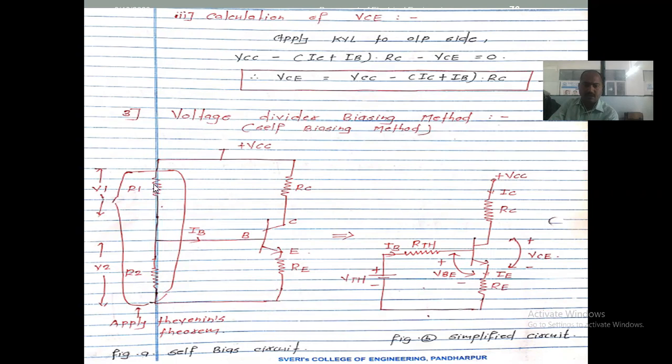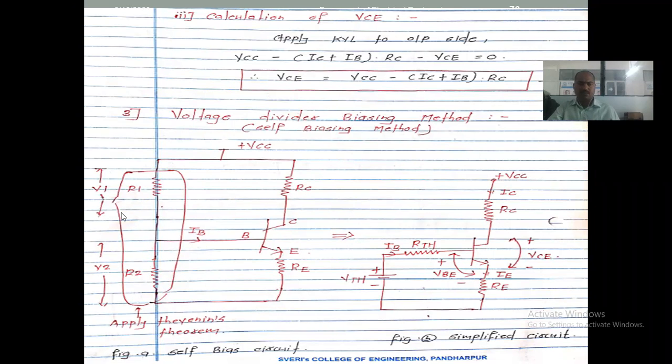In that case, the voltage coming from this is considered as VTH, and the resistance of those two resistors is considered as RTH, right? VTH is the voltage across these two resistors, and RTH is the equivalent resistance of these two resistors.